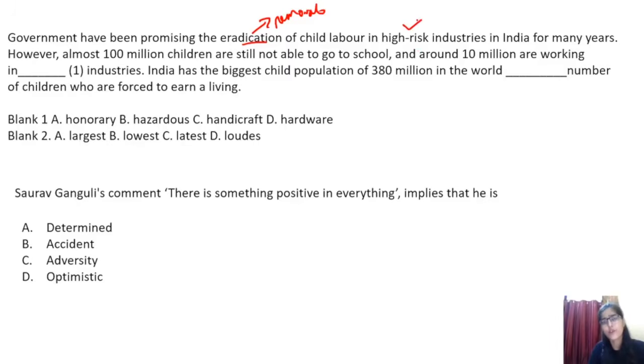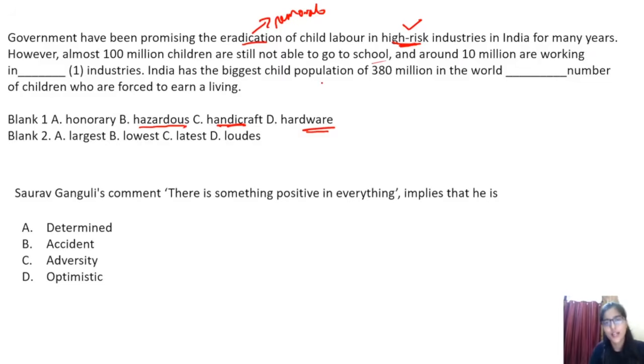Just try to understand the tone of the statement and what they are trying to say. Handicraft, no, they are nowhere talking about handicraft. Hardware, now obviously they won't say. High risk is associated. Just find out the tone of the word by seeing these sort of words which is being high risk industries. So high risk industry, you will be talking about handicraft and hardware. No, right? Hazardous, right? Hazardous means what? Something harmful, something high risking, right? So harmful things we are talking about. So it should be around 10 million are working hazardous industry.